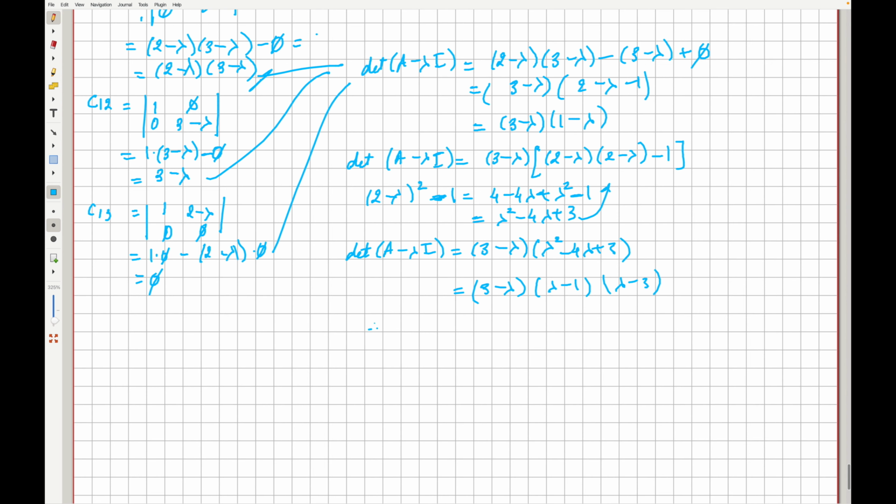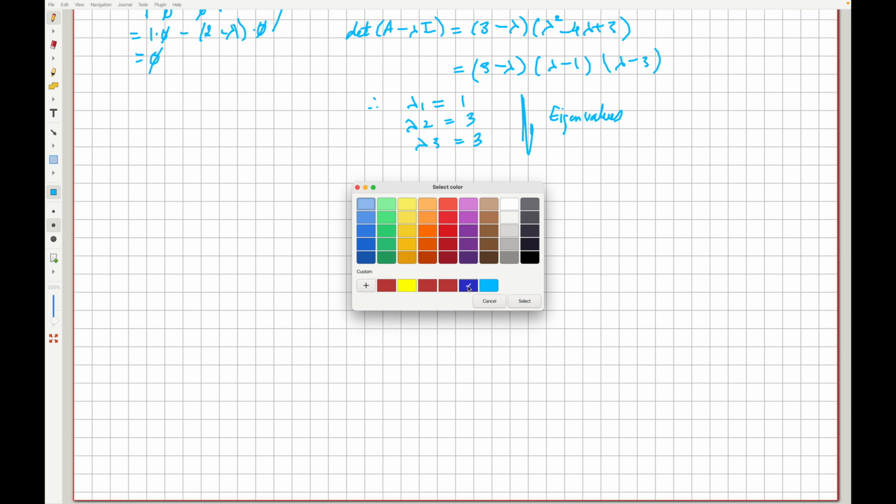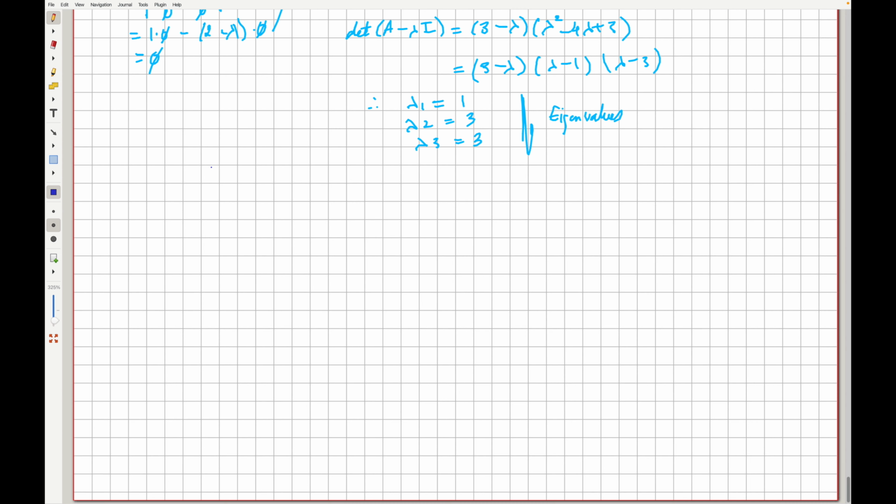And so the values we have are lambda 1 is equal to 1, lambda 2 is equal to 3, lambda 3 is equal to 3 as well. So these are our eigenvalues for this setup.